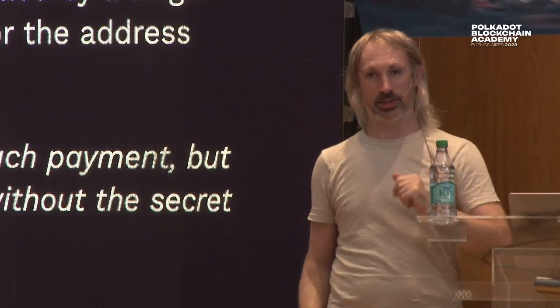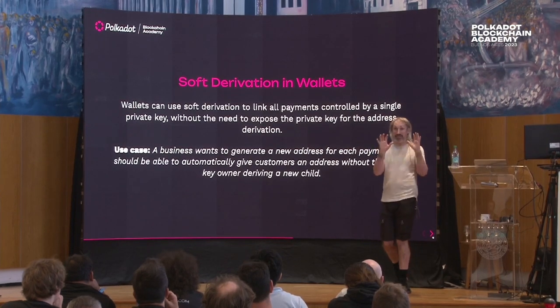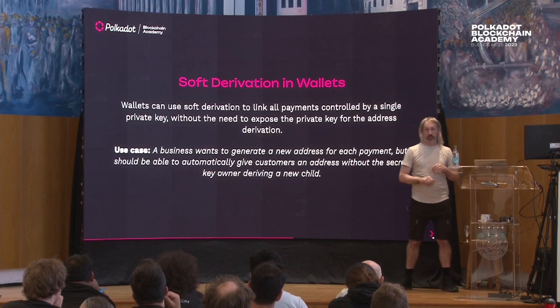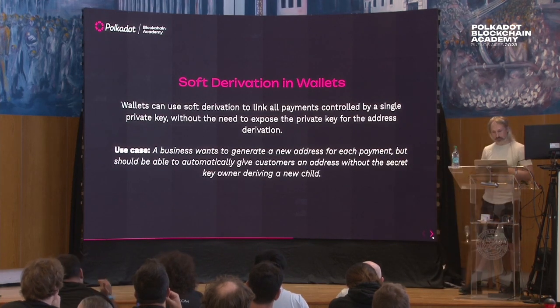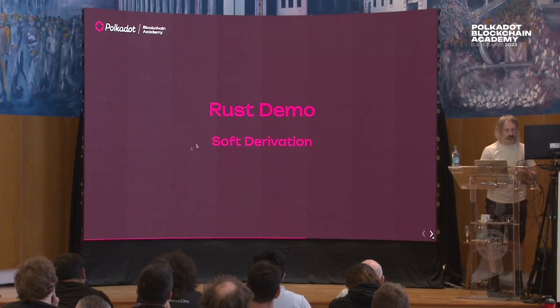So instead of sending to the public address directly, they send to an account that they know that public address controls. And they can actually mathematically know that it controls it by using soft derivation. I'll give you a demo of this now.